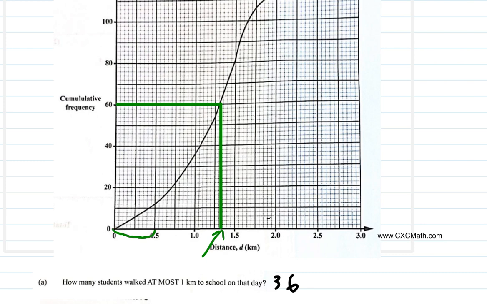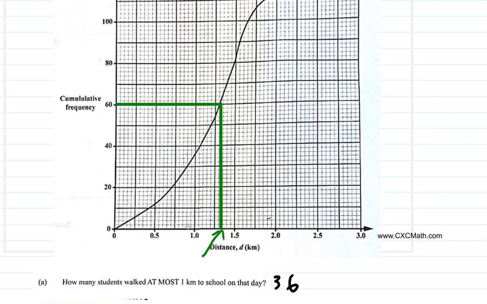How many small squares do you have? 1, 2, 3, 4, 5, 6, 7, 8, 9, 10 small squares. So what that is suggesting is that each of these small squares is 0.5 divided by 10, which is 0.05.